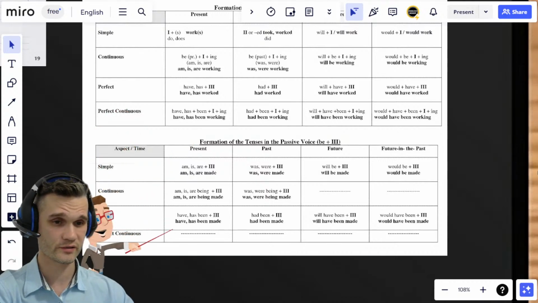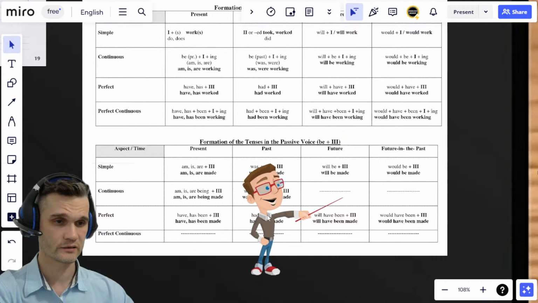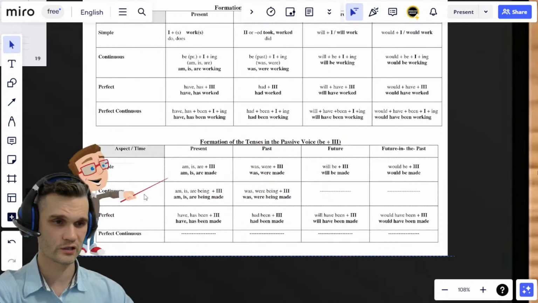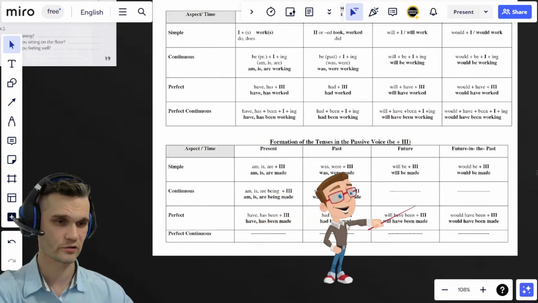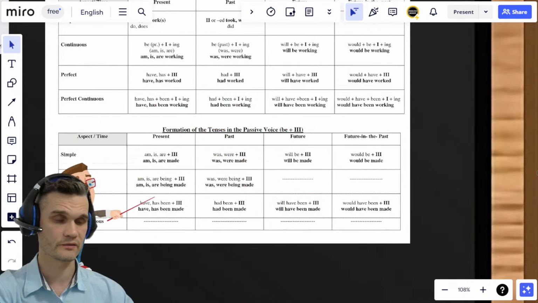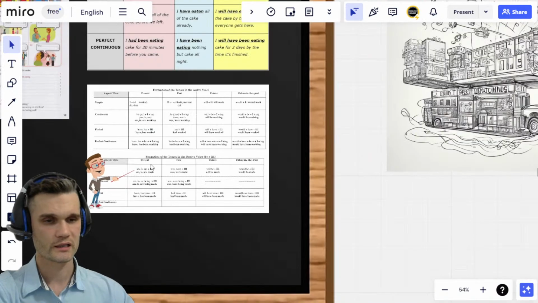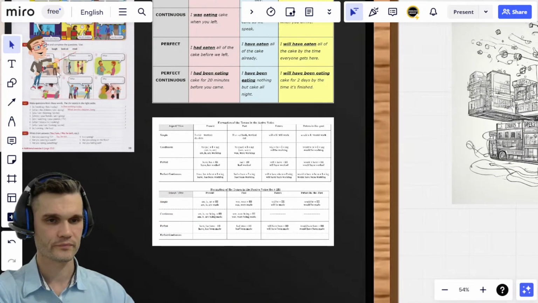In passive voice, some tenses are absent, like all perfect continuous tenses, and future continuous and future in the past continuous are also absent. So we have only 10 tenses in the passive voice, so plus 16, in total we have 26 tenses.